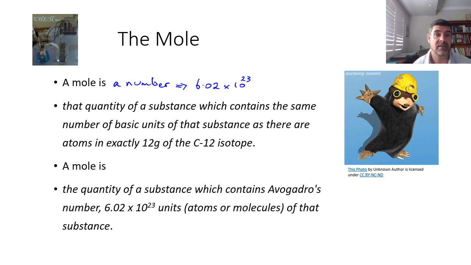Now, unlike a score or a decade or a century, this is a huge number. This is a massive number, and it's a number that's very difficult to get your head around. If you sit and write down 602 with another 21 zeros after it, you get a sense of how big this number is, and it's a little bit hard to comprehend.